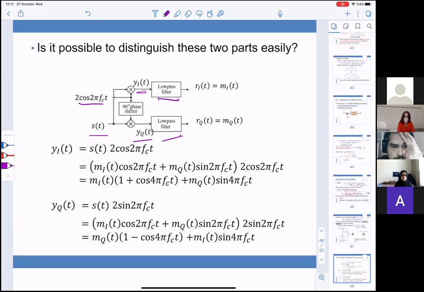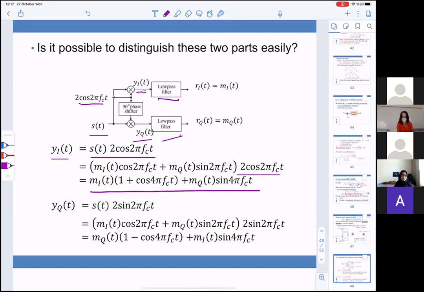Let's see what happens. Now, y sub I of t is s of t times twice cosine 2 pi fct. But s of t was, remember, mi of t cosine plus mq of t sine, right? So when we multiply it by cosine, the result is this. When you low pass filter, what do you get?